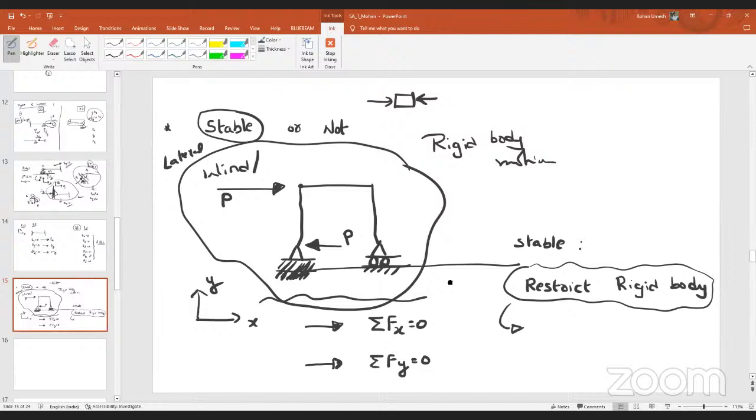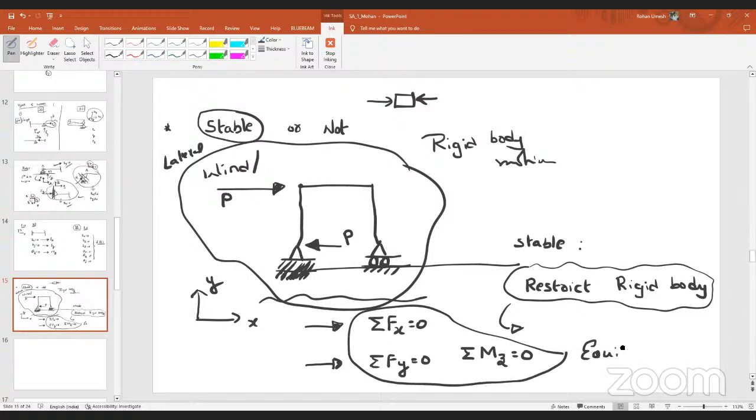Along x, along y, and rigid body rotation. How can I avoid the rigid body rotation? By making sure that my summation of moments is equal to 0. Now, do you know what these equations are called? Equilibrium equations.